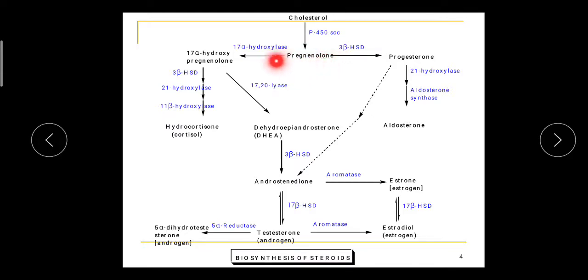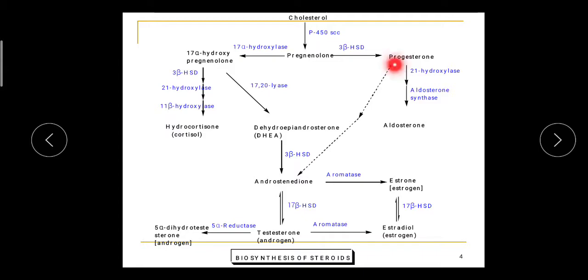it is modified into 17-hydroxypregnenolone, which is useful for the synthesis of glucocorticoids, and the example is hydrocortisone. Then different hydroxylase enzymes are involved in this biosynthesis.